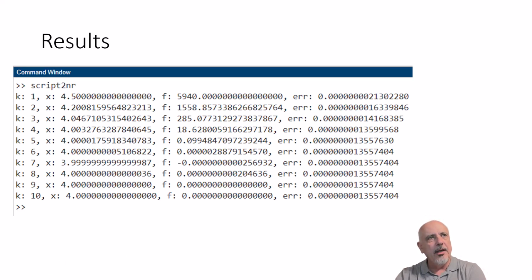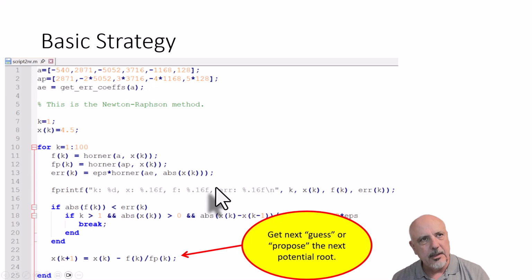Okay, so here's my running of that script, NR, Newton Raphson. And you can see I started at 4.5, with a huge polynomial value. I didn't get these things to line up because that was so big. My error is very, very small. And then you see that I'm stepping in a good way, because my polynomial value is diminishing quite rapidly. And how many did I print here? My f value, I'm printing 16.